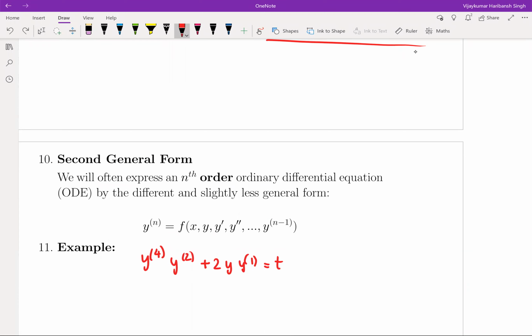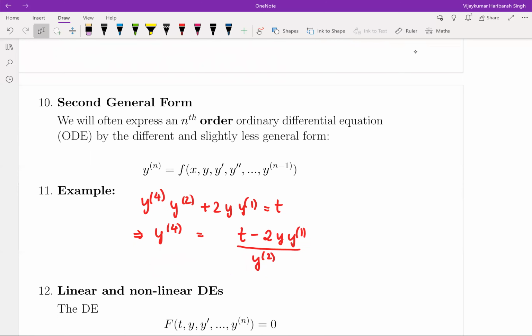So this can be done. Yeah. So this is the second general form. We'll usually write the differential equation in the first general form or the second general form.